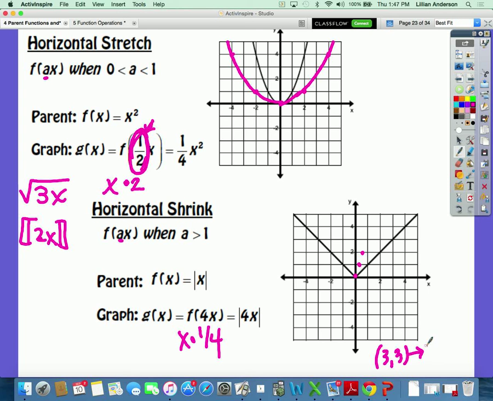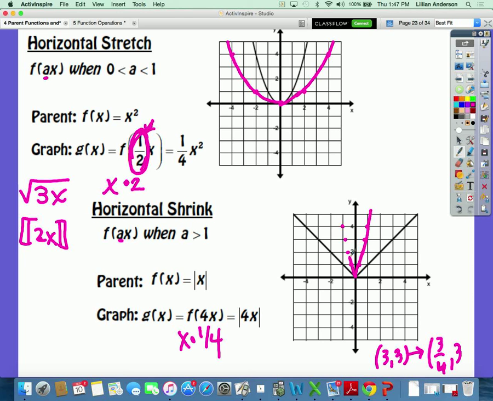What's 3 times 1/4? 3/4, 3. So all these are really close, in between 0 and 1. Well, 4 would be 1/4. And this one also has y-axis symmetry, so it's the exact same thing on the other side. And there you go.